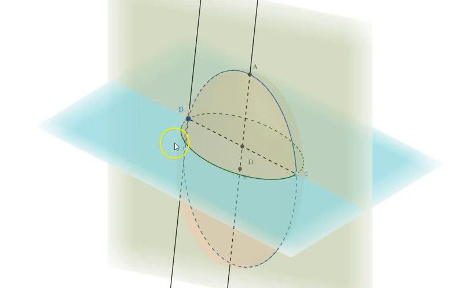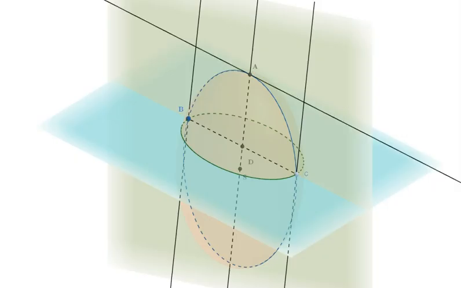Now through B, we draw a line parallel to the axis of the segment of the spheroid. Remember, AD is not the axis of the spheroid. It is the axis of the segment of the spheroid. Then through C, we take a line parallel to the axis, and through A, we draw a tangent parallel to BC. And now we mark these intersections as E and F.